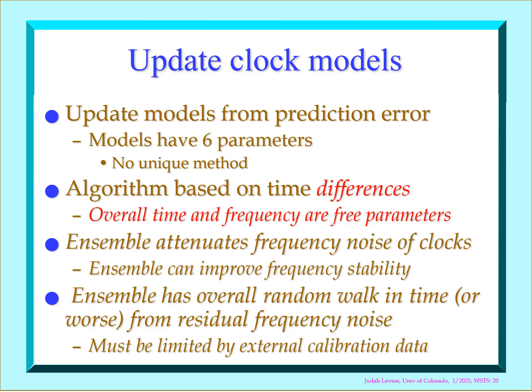The ensemble left to its own will gradually walk away from the truth by integrating up the residual frequency noise, so you can't start an ensemble and walk away from it, and that's true for pretty much every ensemble.